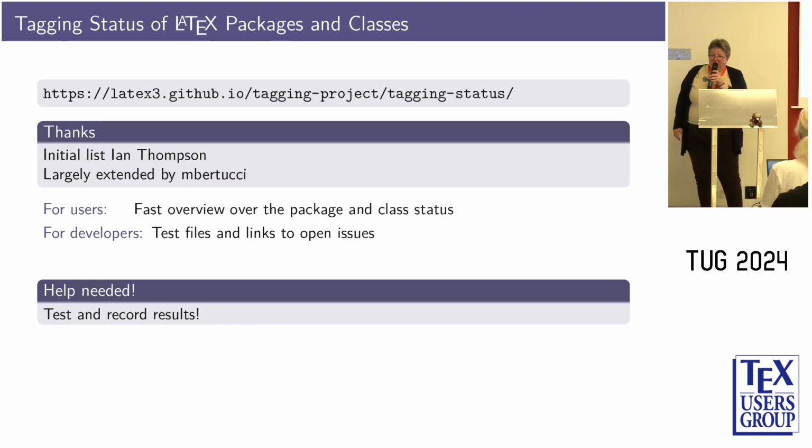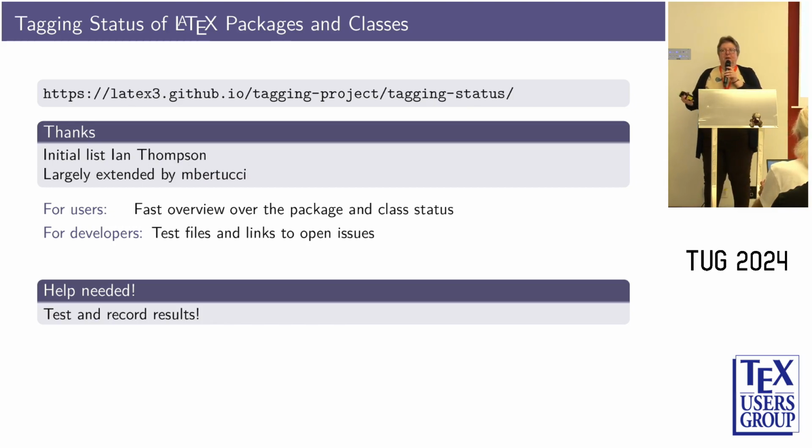We also thank a user, Bertucci, who obviously found a new hobby and constantly sends us tests and packages and tells us if they break or do not break, and if they work and do not work. And this list is meant for two purposes. It should help users to get a fast overview.